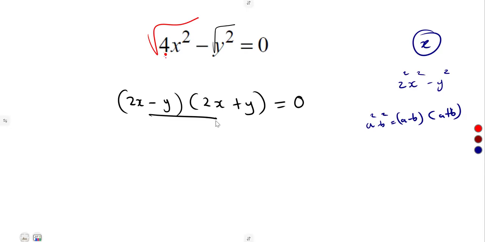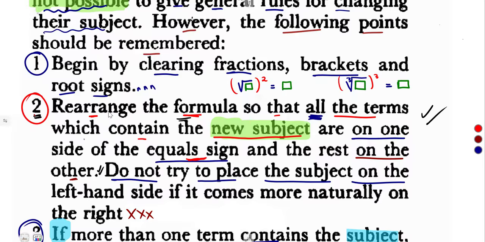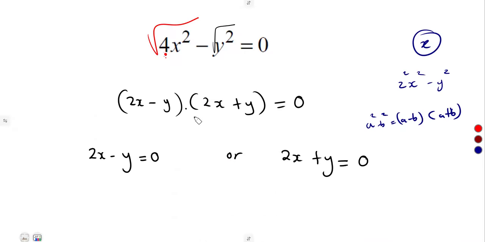The product of these two to be equal to 0 means either one must be equal to 0. 2x minus y is supposed to be equal to 0, or 2x plus y must be equal to 0. You have two conditions to be worked on where we are to solve for x. So we go back, we rearrange just like the previous case, making the terms with the subject remain on one side.